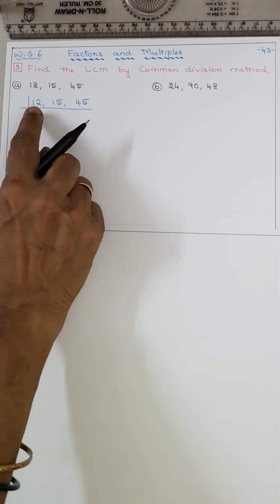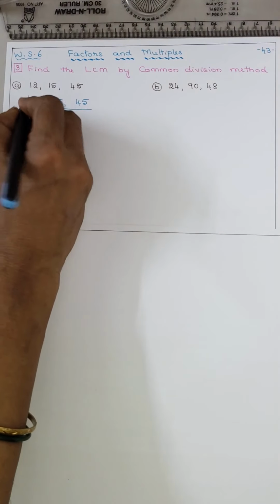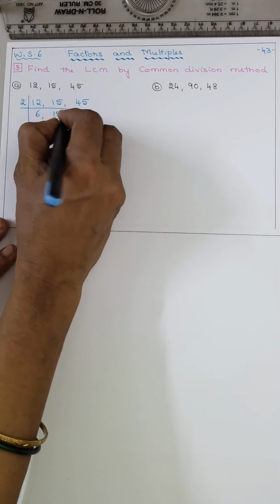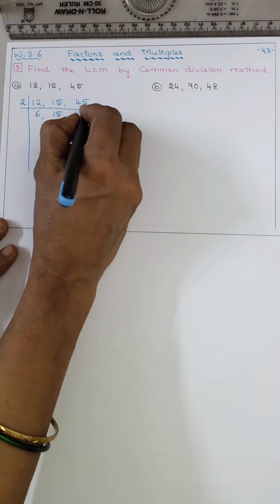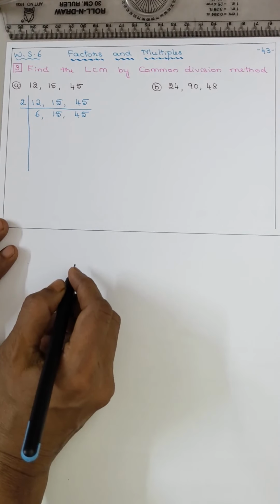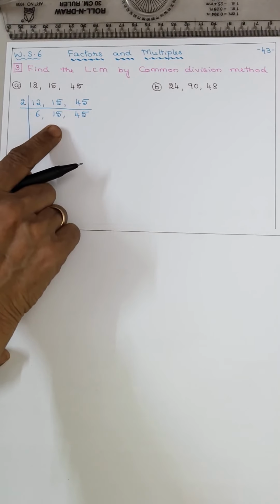Now first this is an even number, so start with 2. 2 6s are 12, 15 as it is, 45 as it is. Hope you remember, if the number is not divisible by 2, then you have to write it as it is.